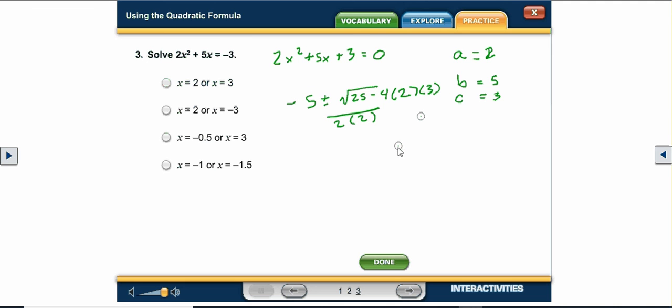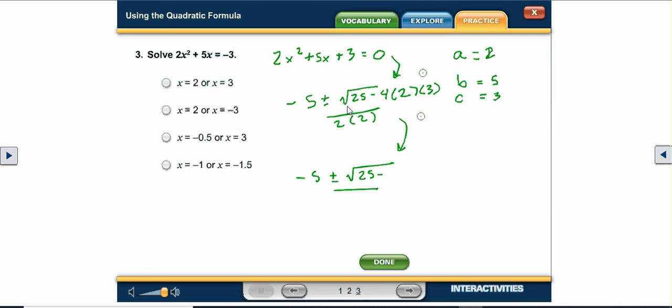Next step, right? We're on step 3 if you want to think of it that way. Negative 5 plus or minus the square root of 25 minus, can you do all this in your head?